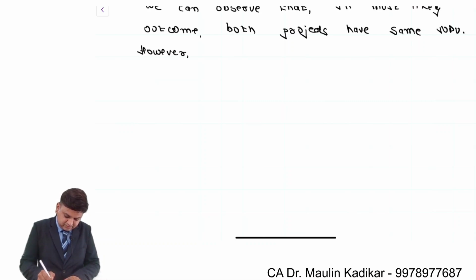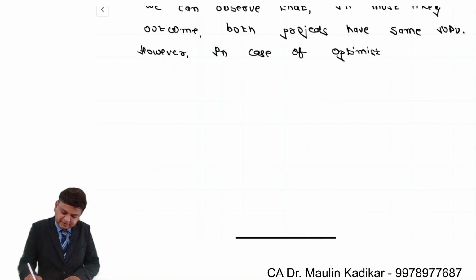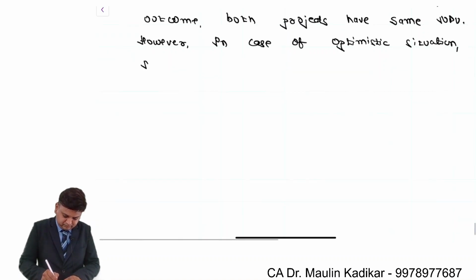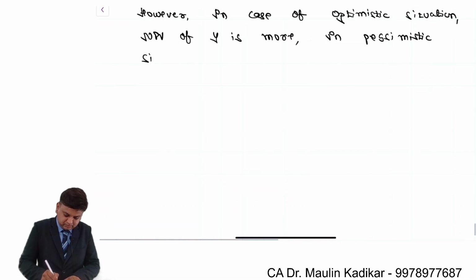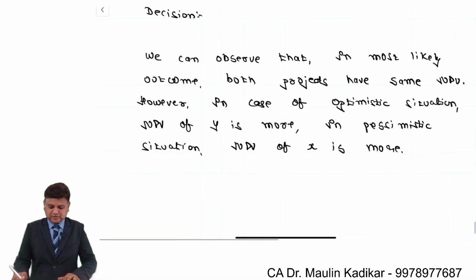However, in case of optimistic situation, NPV of Y is more, in pessimistic situation, NPV of X is more.